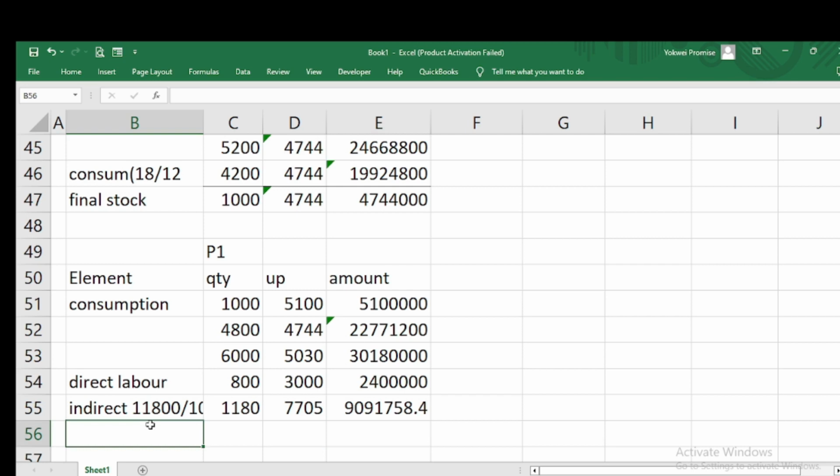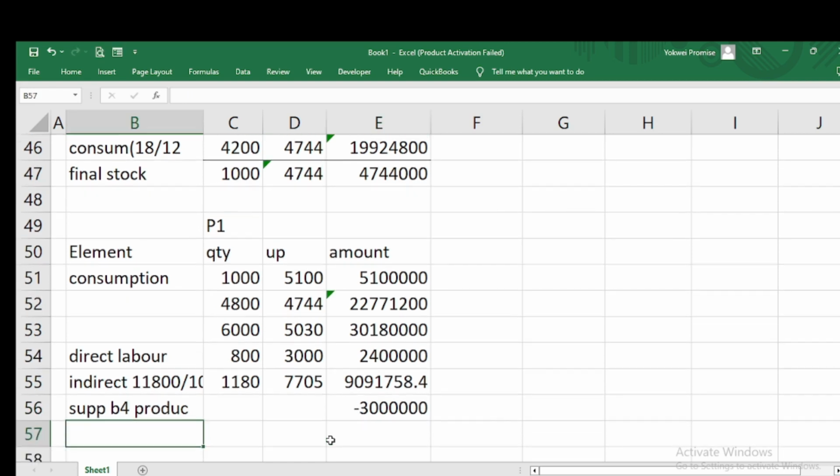So we are going to have the supplementary expenses before production, and we calculated that, and it was what? We are going to deduct it instead in this case, which is 3 million.